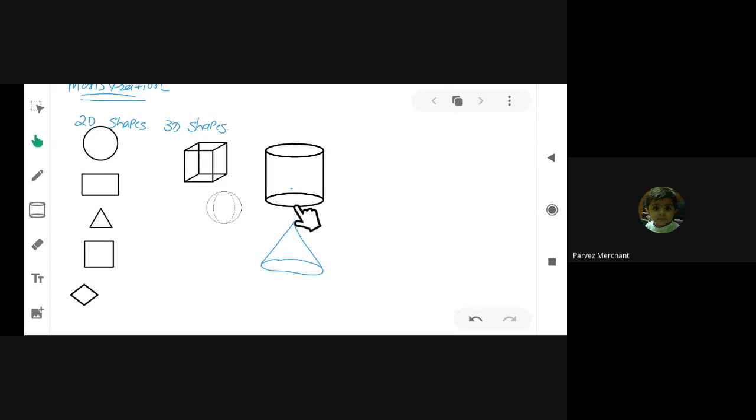You can see cylinder. In a cylinder, length and breadth are equal because it is a curved surface. The circle at the bottom means the radius of the circle is equal. It means length and breadth are equal, but height is given. So it is known as a 3D shape.